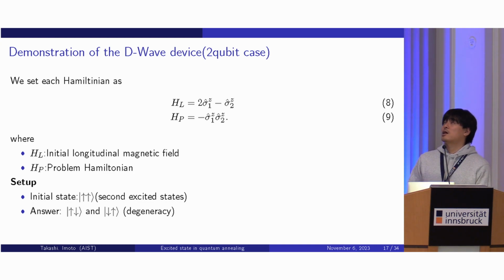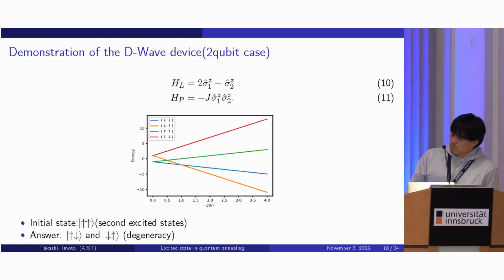And this state is the second excited state of the problem Hamiltonian, and this state is degenerated, twofold degenerated. Okay. Yeah. So just a moment.